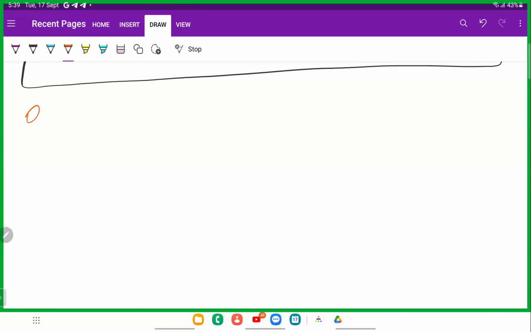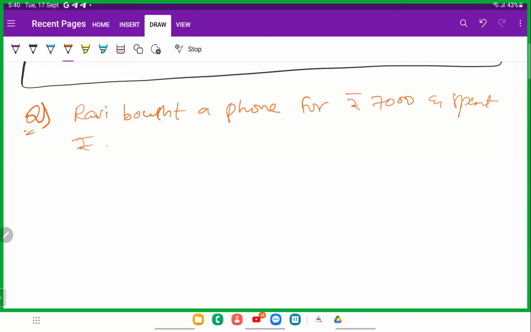So the question is: Ravi bought a phone for rupees 7,000 and spent rupees 400 on its repairs.